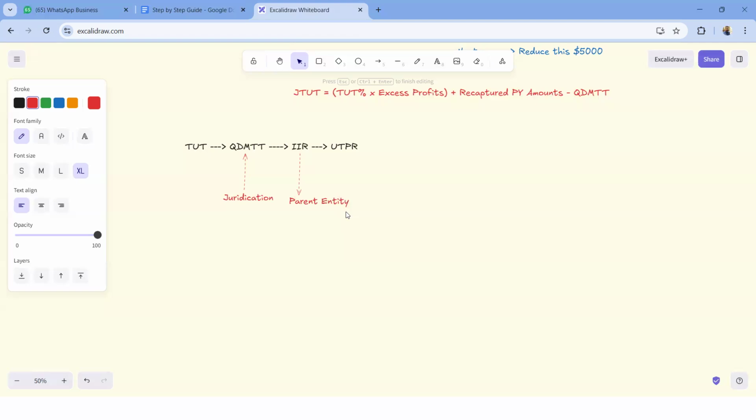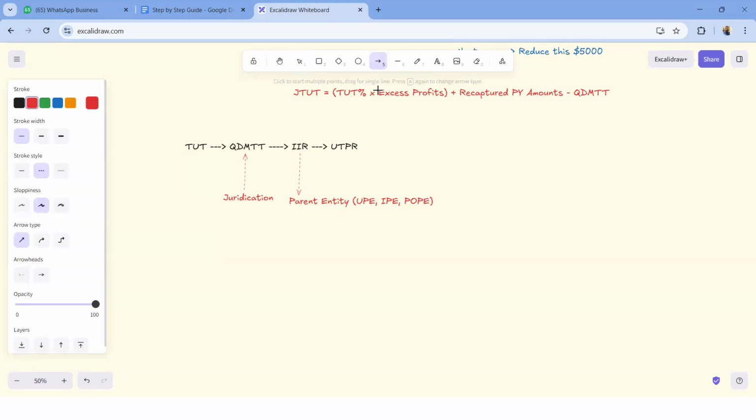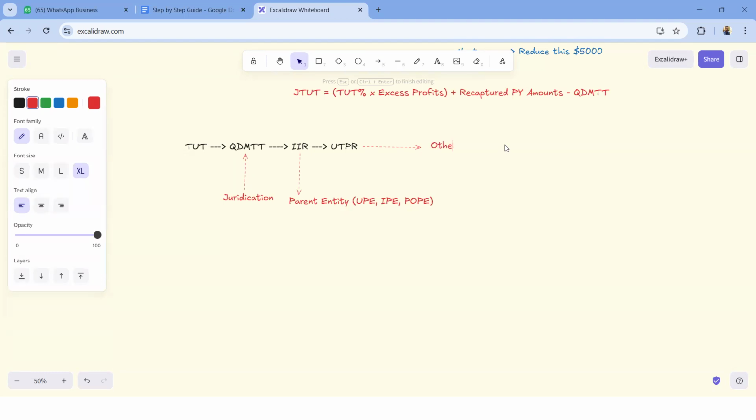I'm using a blanket term parent entity because it could be UPE, IPE, or POPE, as the case may be. And UTPR is collected by the other constituent entities, the other CEs where the company has operations.